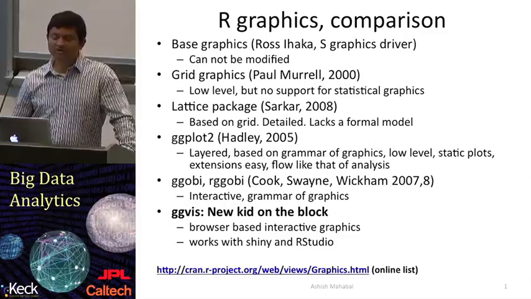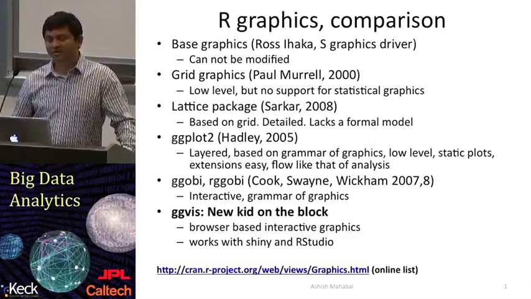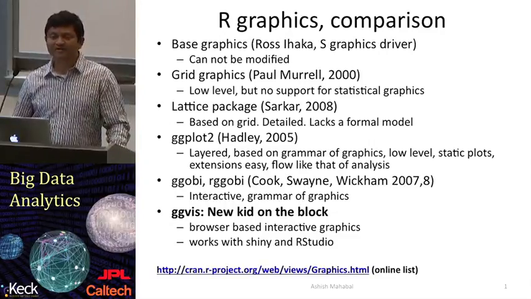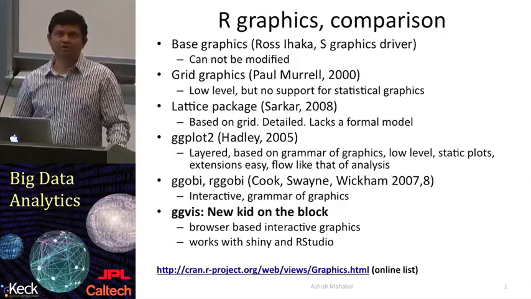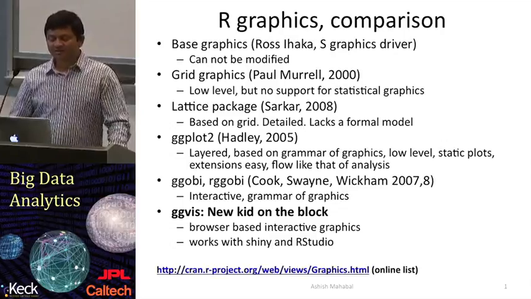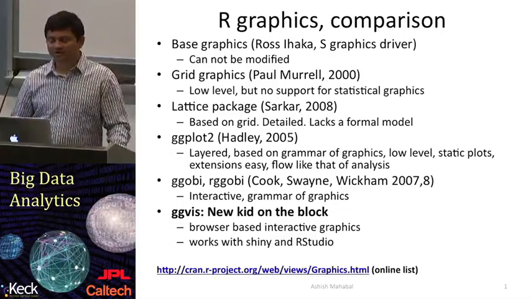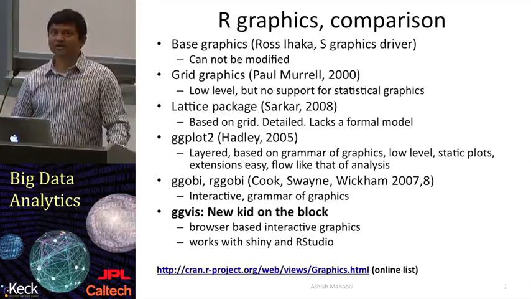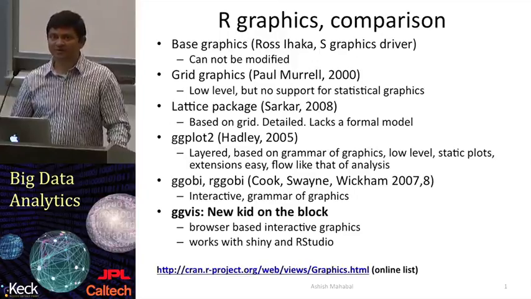RGobi and ggobi, which came in 2007-2008, also use the grammar of graphics, but they are more interactive. So you can have an interactive plot and make changes in that and so on. The latest kid on the block, just about 1 year old, is ggvis, and that is also an extremely powerful visualization tool. It is browser-based, so that brings the game right to your browser.